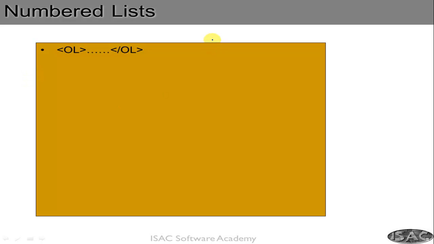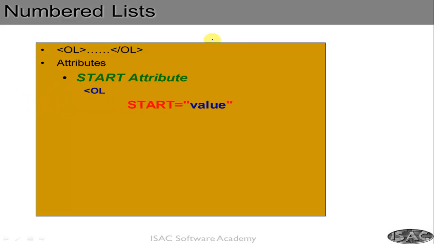Now the attributes here are the start attribute, which could be start with some value, and then there is the type attribute. So if you want the ordered list to start with something, you can put that, and then after that it will follow its sorted order.